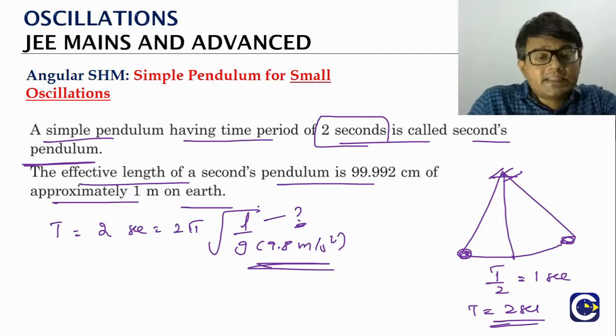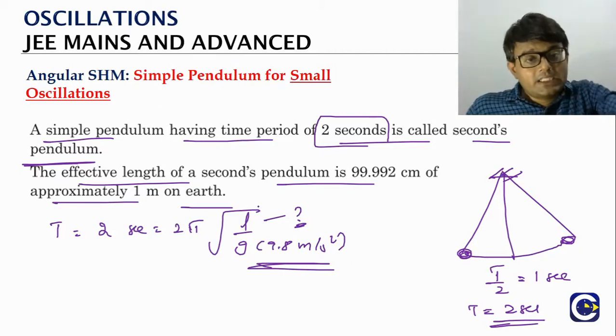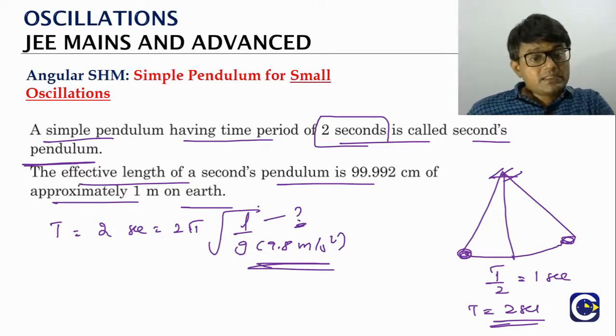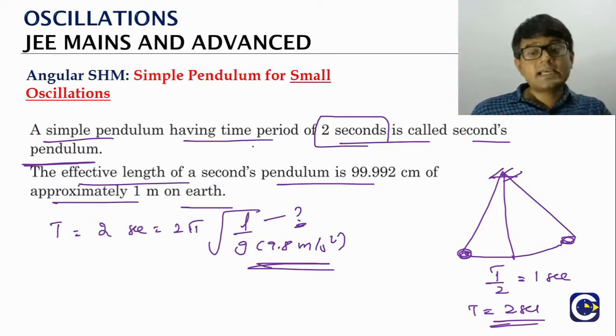Now if you go to some other planet, or to a height h, or to a depth d, the g will change. If g is changing, the required length of the pendulum also will change. So these are interesting examples that we need to practice problems on.